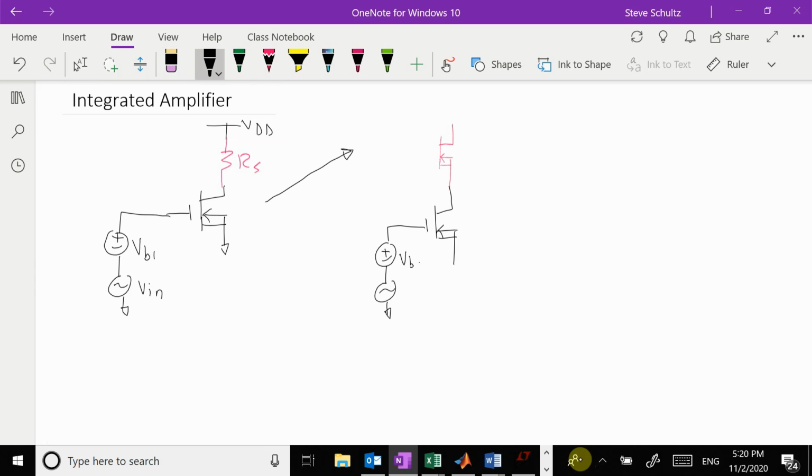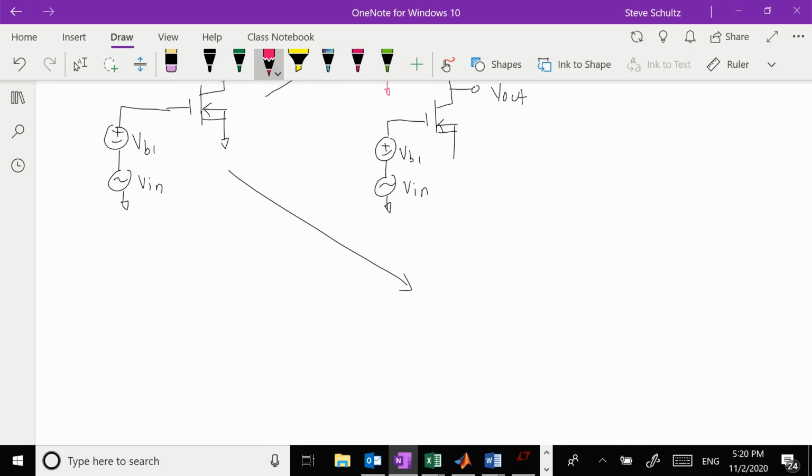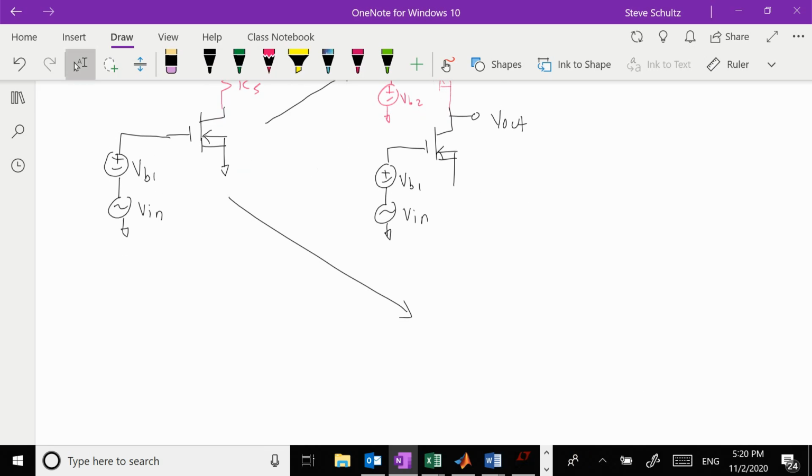So this was my VB1, this is my VN. Up here, I'm just going to add in a different bias, which is VB2. Now the other way that I can do it is I can come down here and replace it with a P-type MOSFET.